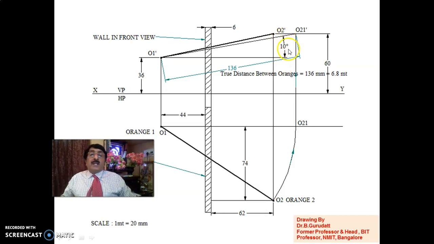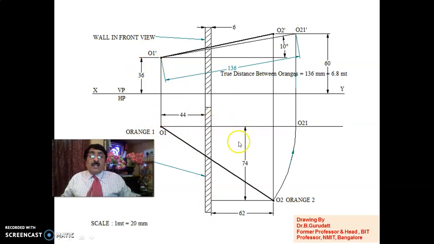In that way, you are doing one complicated problem given with reference to oranges. That means, once you draw the XY line, draw VP and HP, draw the wall first, 6 mm. The height of the wall can be anything, even the width of the wall can be anything, but take care it is 6 mm only; hatch it also. First locate the orange: 44 mm, 36 mm, O1 dash, O1.